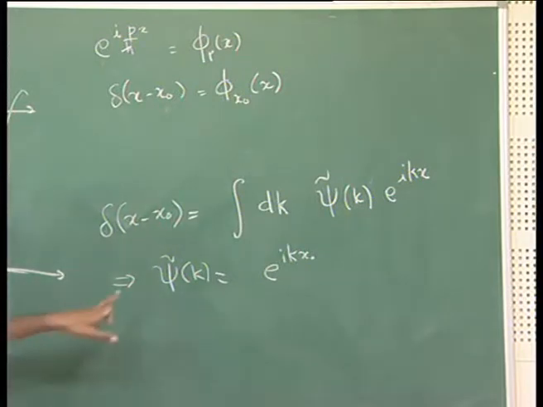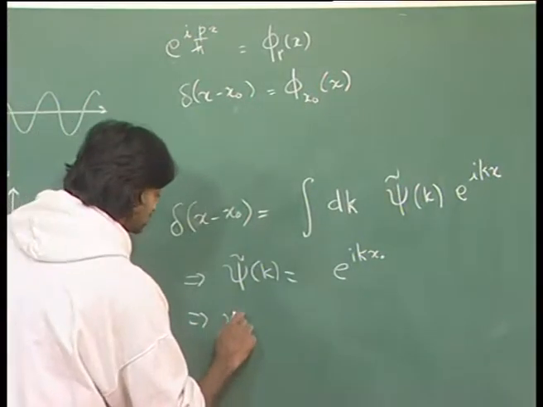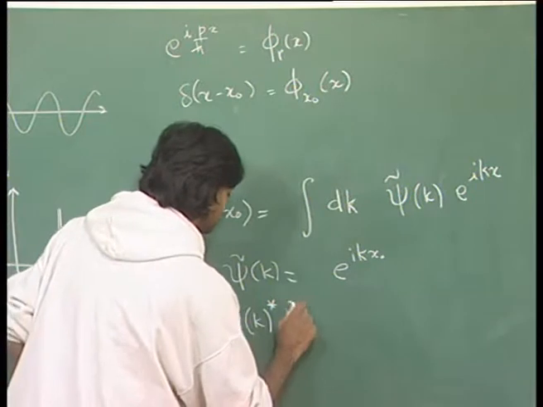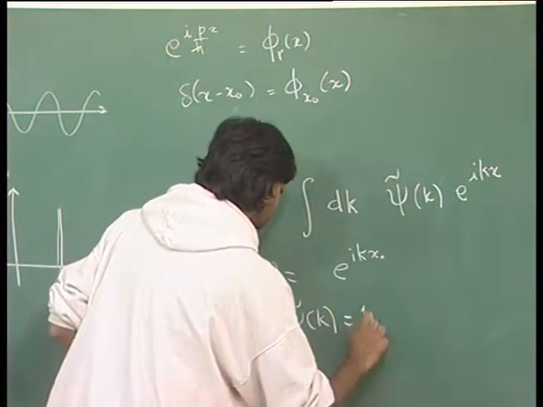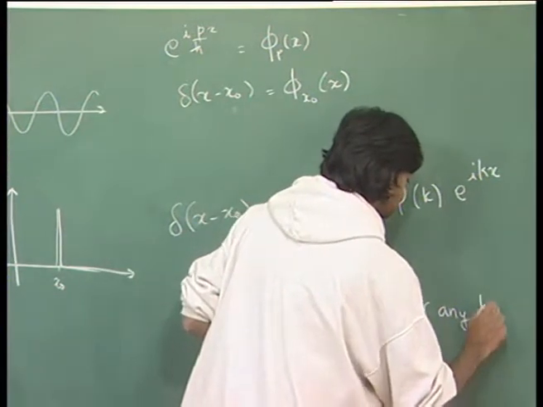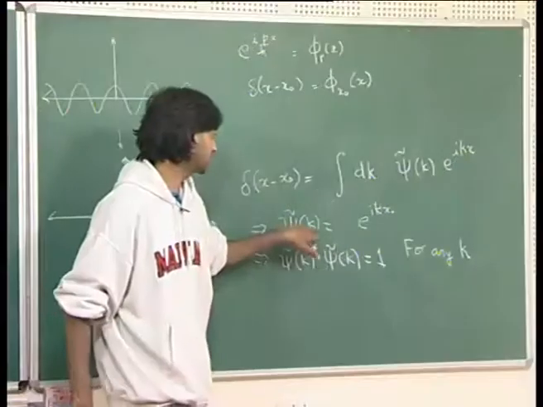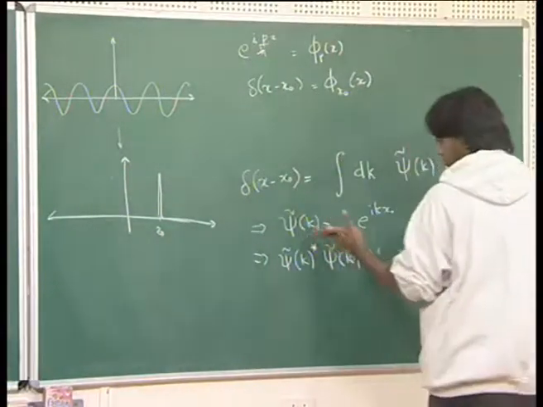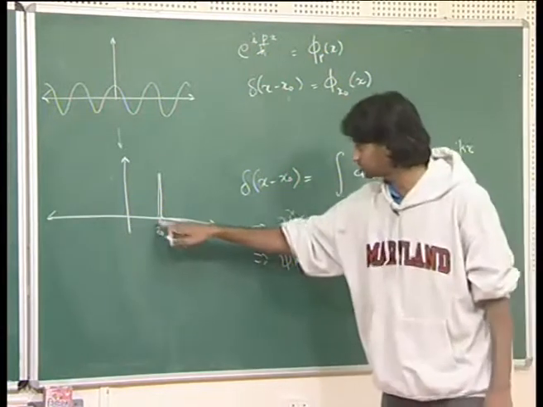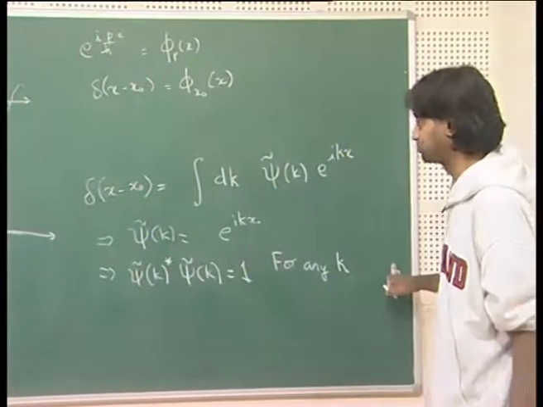That means for any value of momentum, so this implies psi tilde of k star psi tilde of k is equal to 1 for any k. That means you can have the wave vector be any value. In other words, you can have momentum take any values. Okay. So, all values of momentum are possible. So, if you fix your position at x0, then you can get any value of momentum possible.